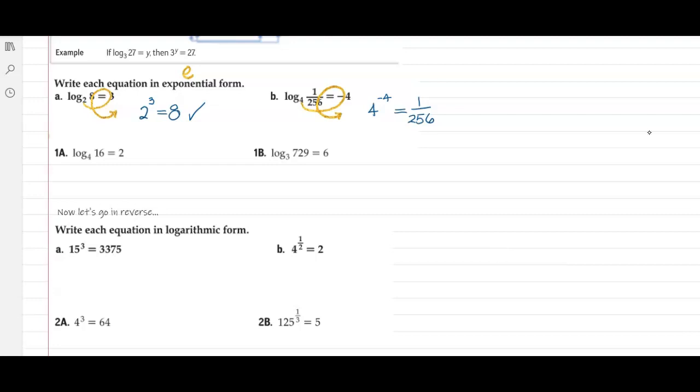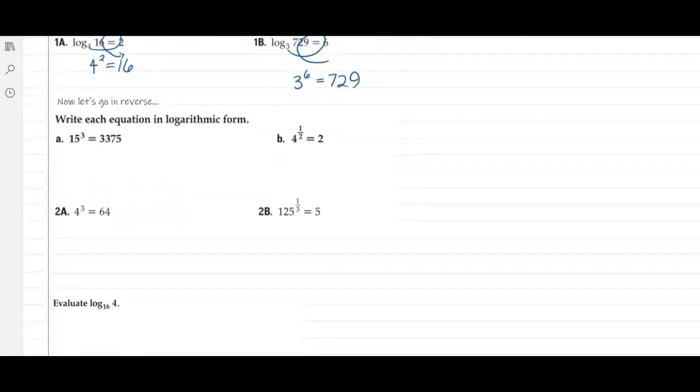Pause the video and try these next two. Hopefully you got 4 squared equals 16. 3 to the 6th equals 729.